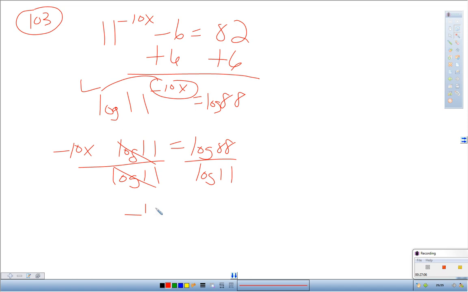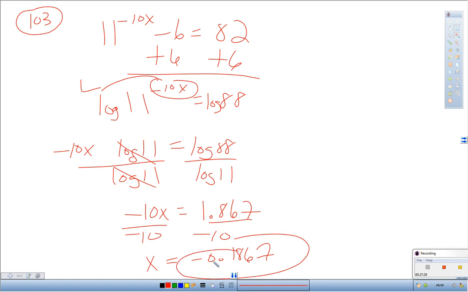So that gives me negative 10x equals log of 88 divided by log of 11, which gives me 1.867. Divide that by negative 10, so that gives me an answer of negative 0.1867. And that is my final answer.